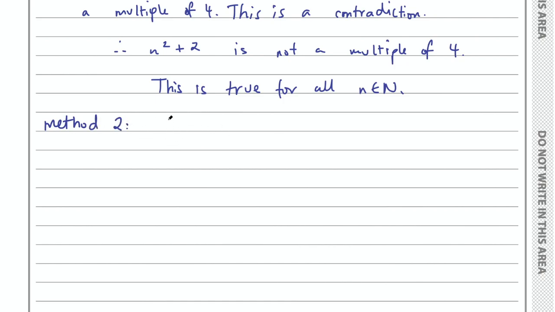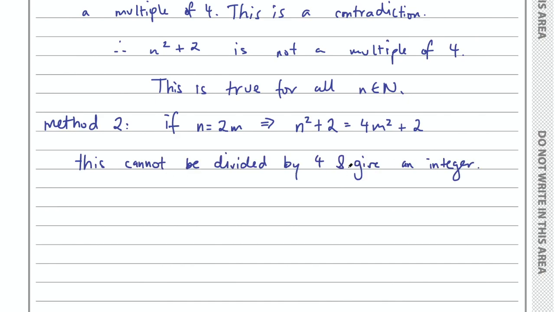We could say if n equals 2m, then it follows that n squared plus 2, plugging in 2m for n, equals 4m squared plus 2. And then we can see this cannot be divided by 4 and give an integer, right? We have a multiple of 4 here. If we add 2 to it, we're not going to get a multiple of 4. So we could state that. So this cannot be divided by 4 and give an integer. That's if n is even.